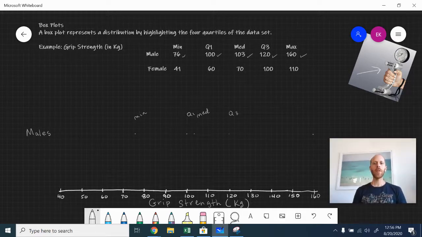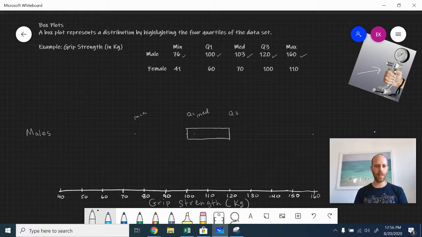All right, so I've got those 5 points plotted. We take quartile 1 and quartile 3 and we draw a box around it. So that box would look something like this. Vertical line, connect, connect.